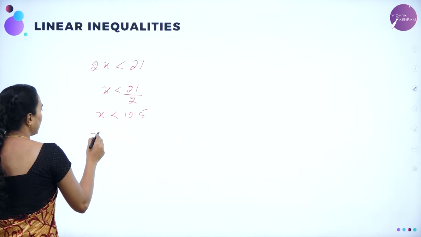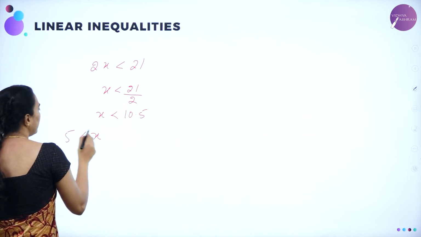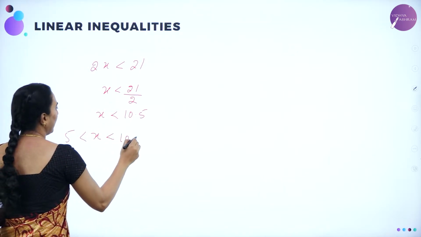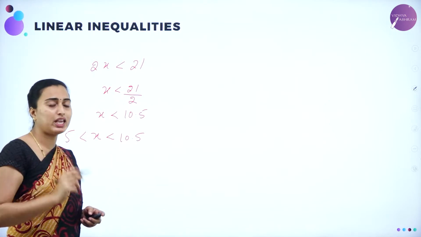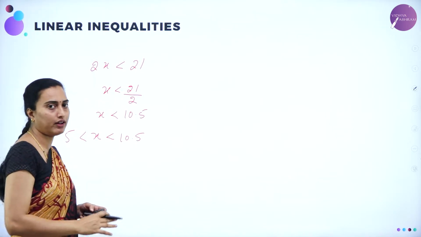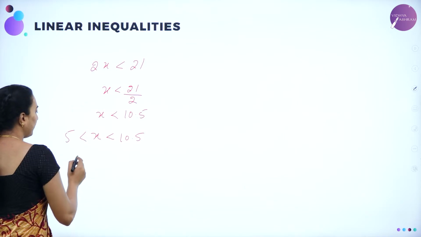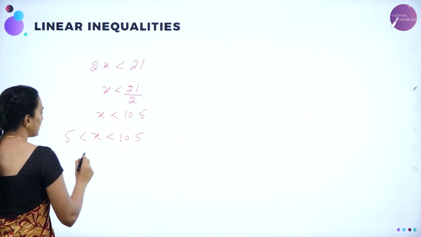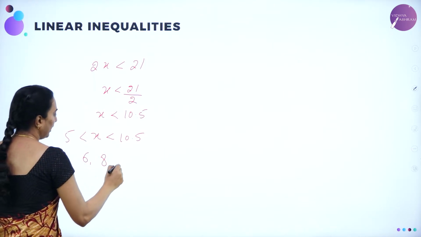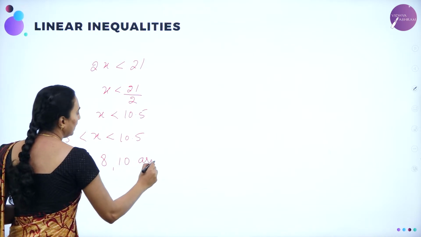But we know that x is greater than 5 but less than 10.5. What even numbers can we choose between 5 and 10.5? We can choose 6, 8 and 10 as even integers.